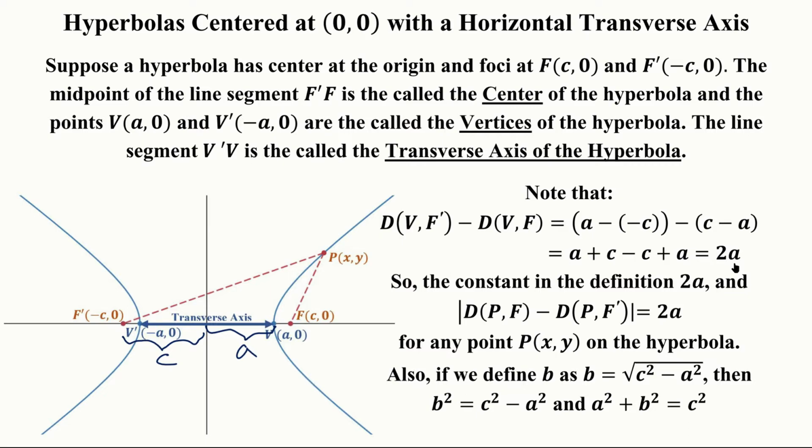So that fixed difference that we're looking for, for any point and the distances from that point to the two foci, the absolute value of the difference of those two distances, should always end up being 2a.